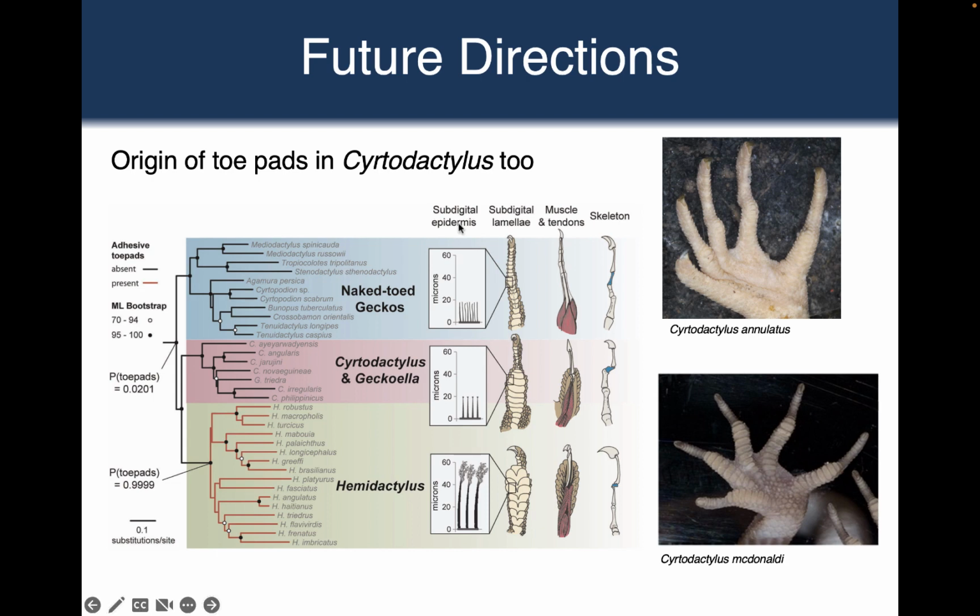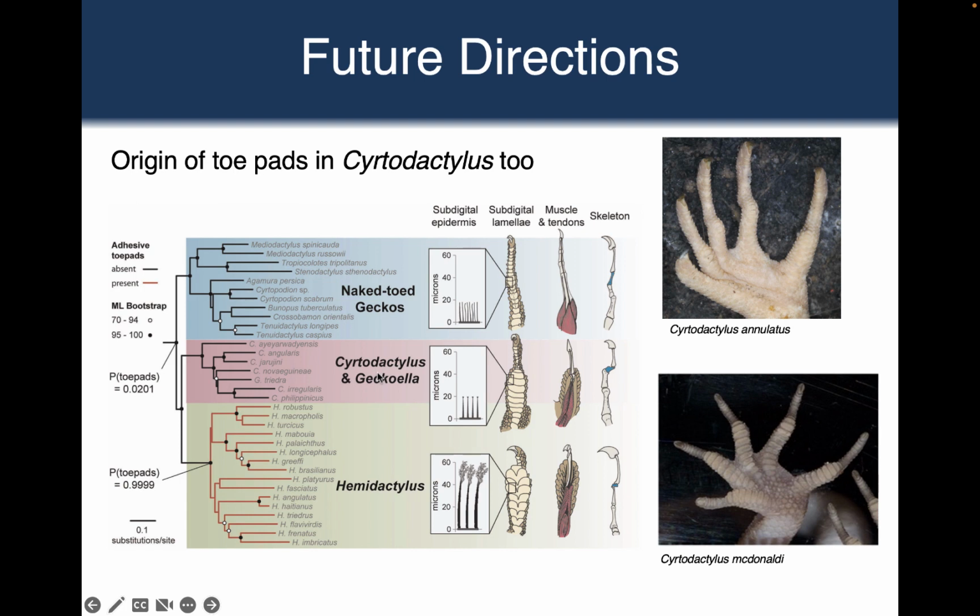Another really cool future study I'd like to see is a similar kind of analysis looking at toe and toepad shape in Cyrtodactylus. So Cyrtodactylus is the sister genus to Hemidactylus. Most Cyrtodactylus don't have toepads, and the origin of Cyrtodactylus probably didn't have toepads. But Cyrtodactylus you can find throughout Asia, Southeast Asia, and Australia.